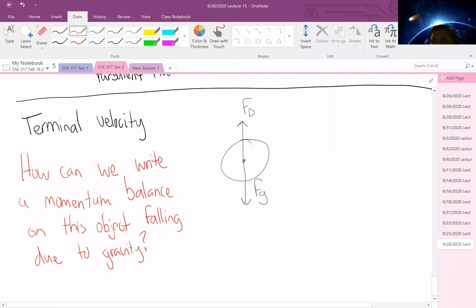For this, I want you to think about it and consider it. Why don't you spend a couple minutes talking with each other in some breakouts to see what you can derive in terms of a momentum balance for this system. I'll give you about 3 minutes to see if you can come up with an expression.